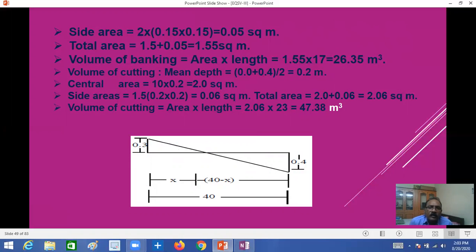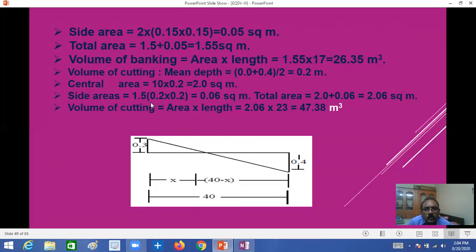That gives a volume of banking of 26.25 cubic meters. Similarly, we have to calculate the volume of cutting. From 40 minus 17, how much will you get? This length is 23 meters, and this is cutting. The average depth here is 0 at this place and 0.4 at the other, so the mean depth is 0.4 plus 0 by 2, that is 0.2.